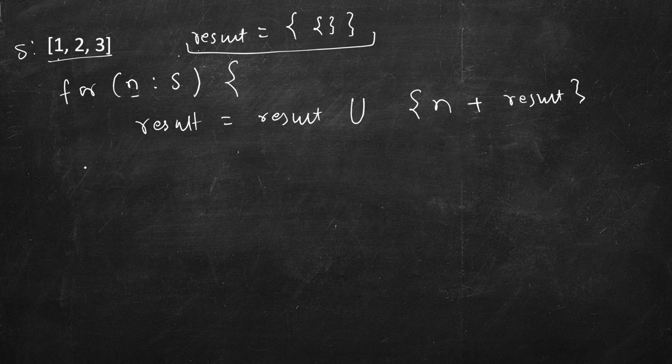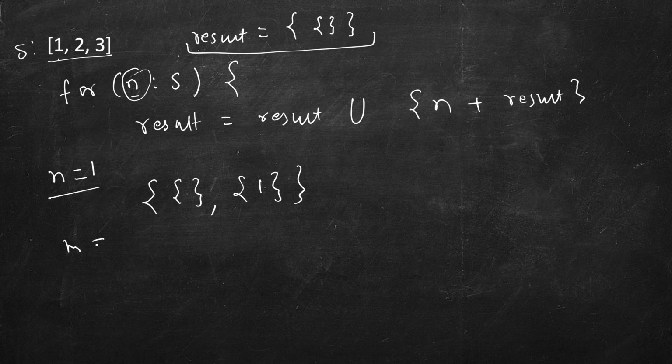So initially, the first n is 1. Result is empty, so take the result and append to all its elements this number n, which is 1. So just one element, so just this is appended.